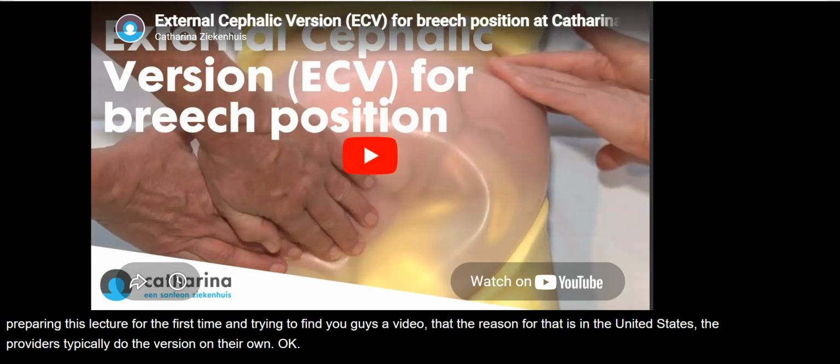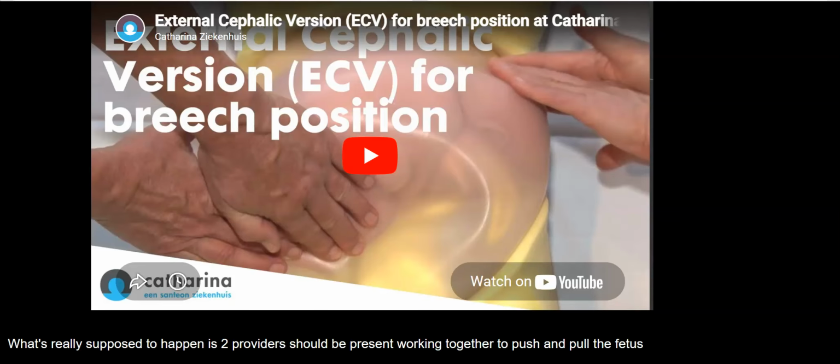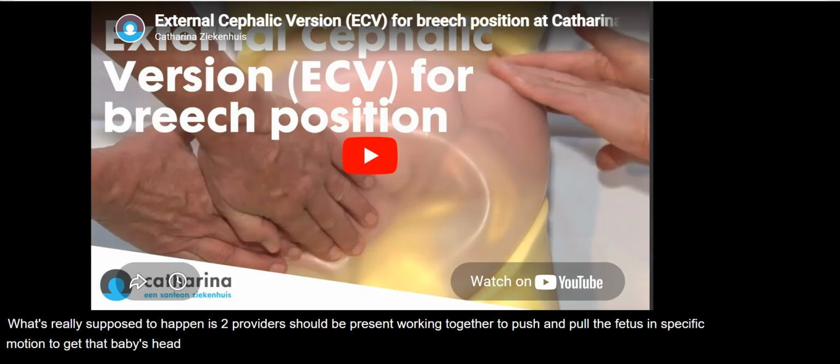What's really supposed to happen is two providers should be present, working together to push and pull the fetus in a specific motion to get that baby's head to turn to the downward position.